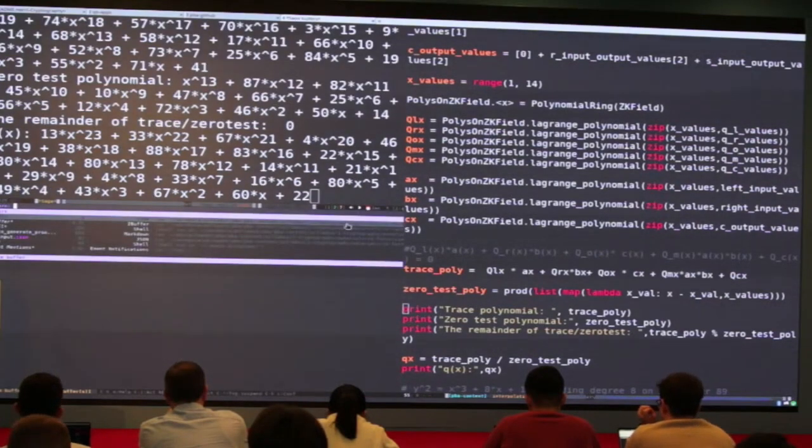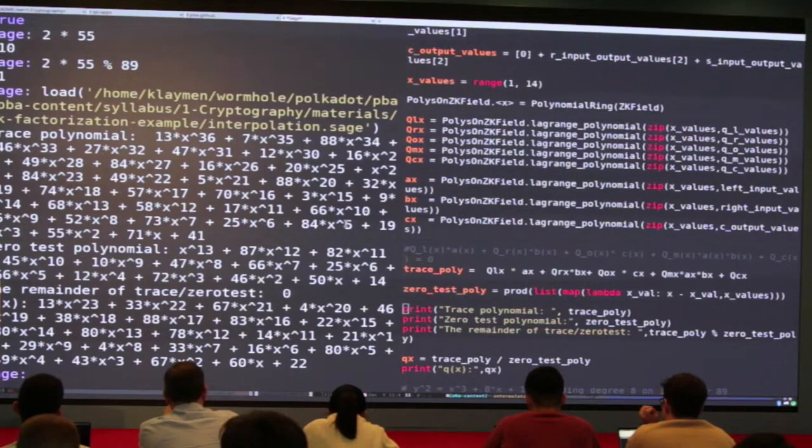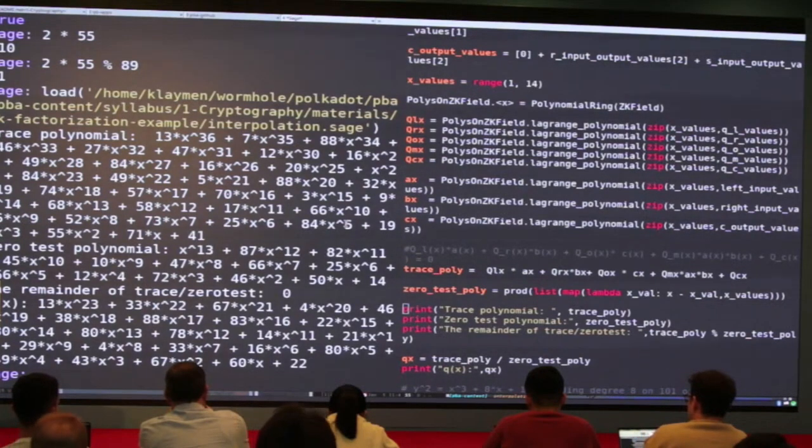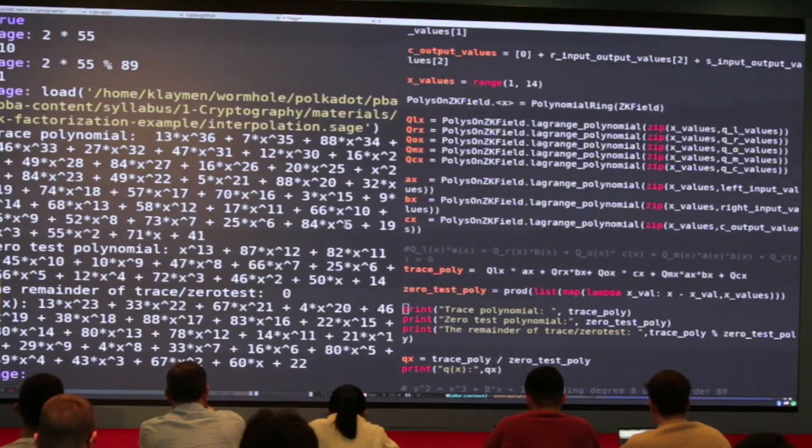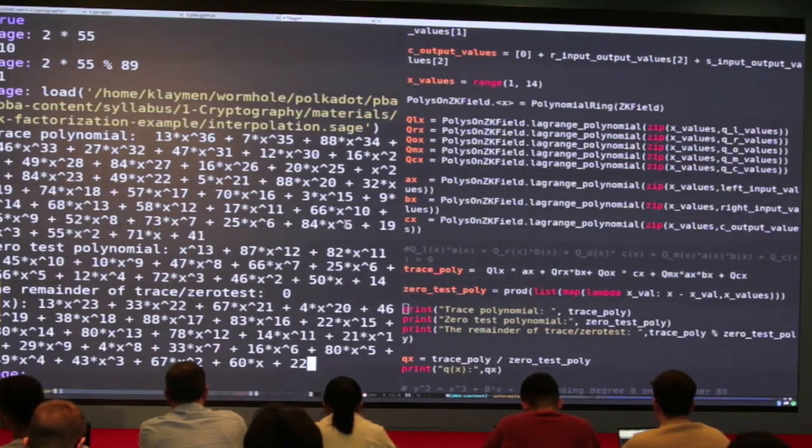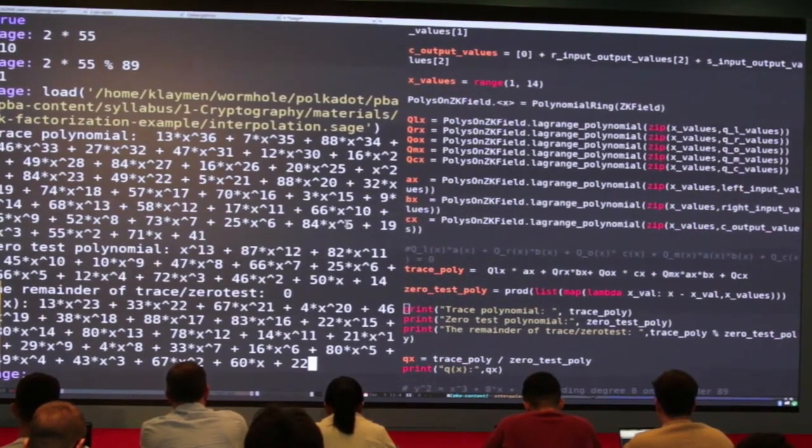So in this, there's the trace polynomial, and then there is the 0 test polynomial, right? And you divided them and got 0. So which part of it is the verification? I am the prover, you are the verifier. The verification is that when you divide, the outcome comes 0.